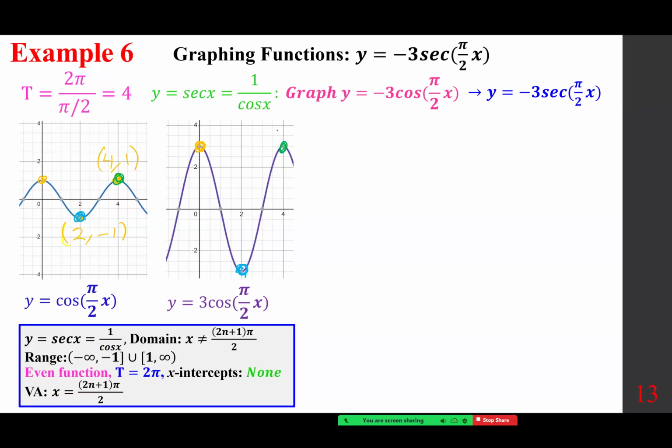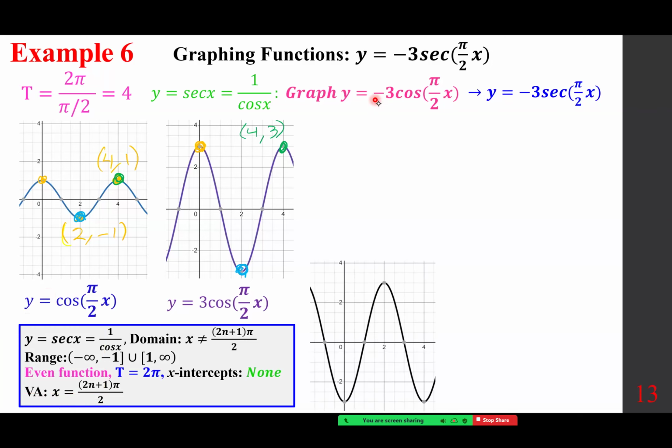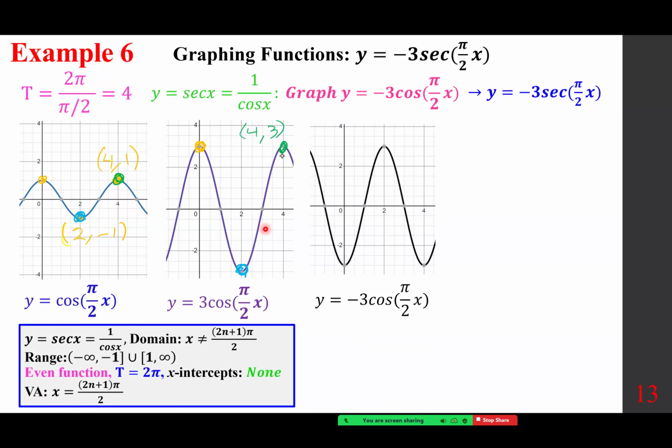Right? Again, just as an example, this one has coordinates 4 and 3. We want minus. That means the same thing, flip it over.